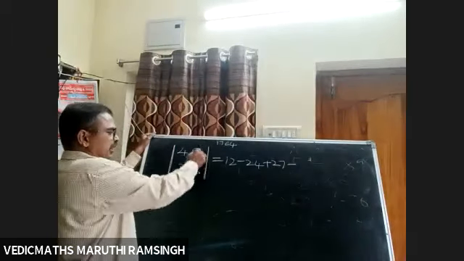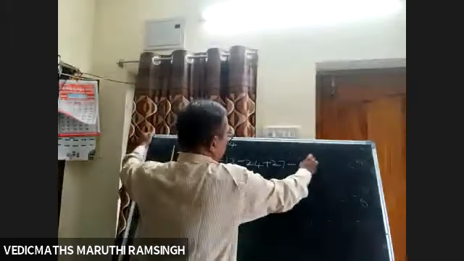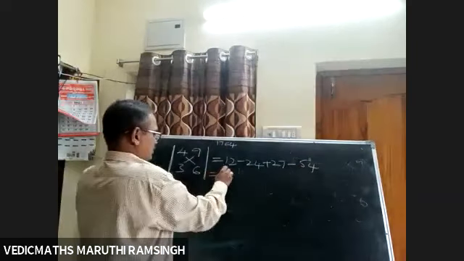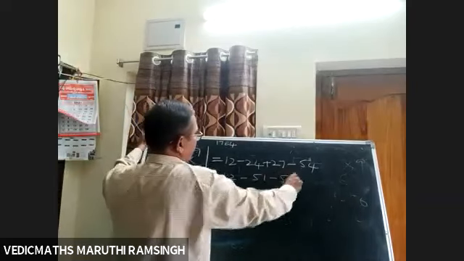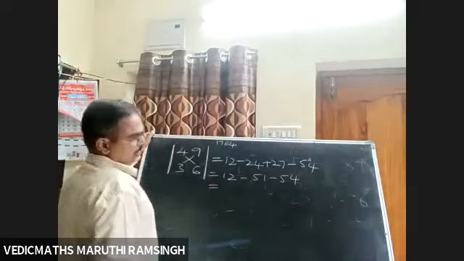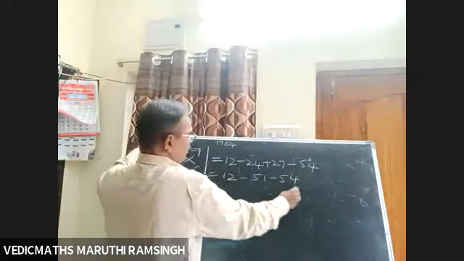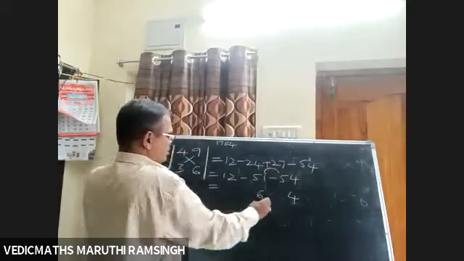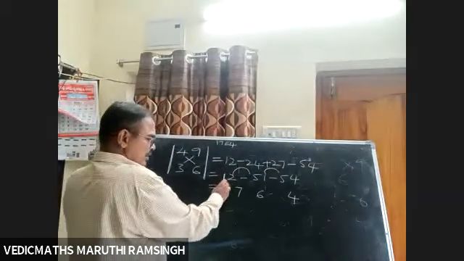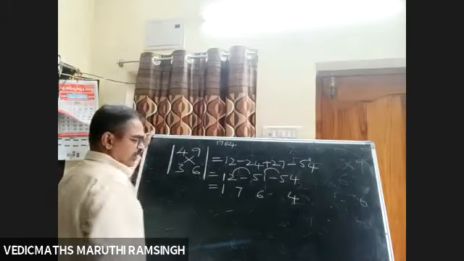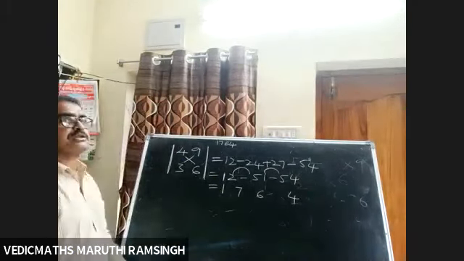Right side vertically, 9 into 6, 54. 12 dash 51 dash 54. Now rainbow addition starts. 4, 5 plus 1 is 6, 5 plus 2 is 7, and 1 is there. Write down in answer. 1764 is the answer.